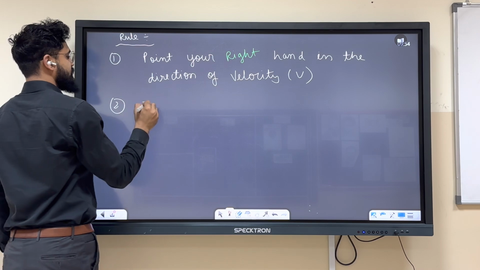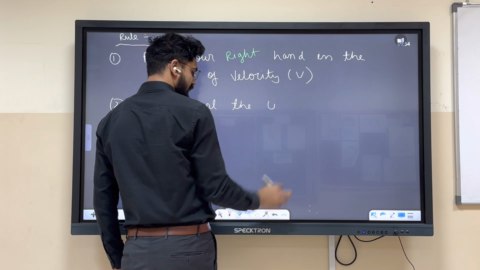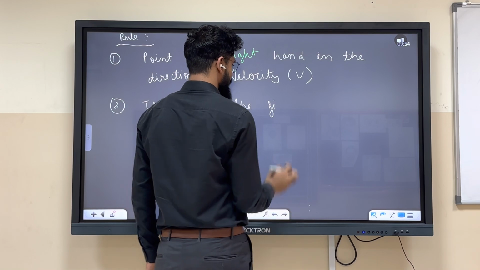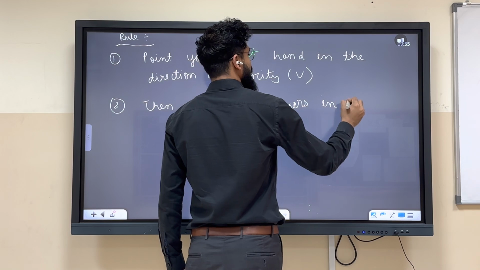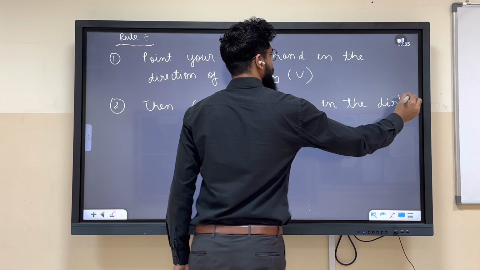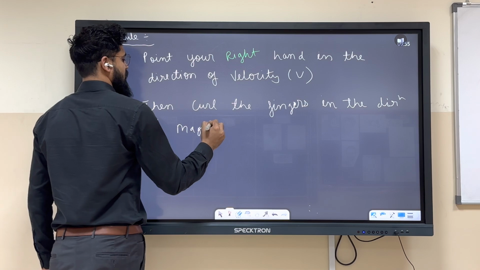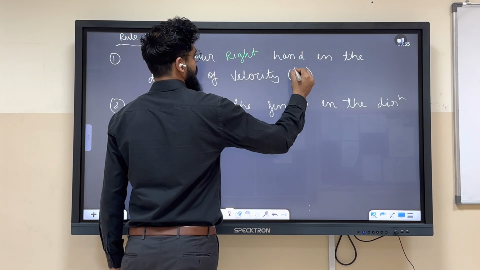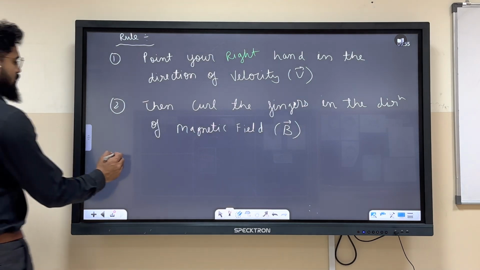And then curl the fingers in the direction of magnetic field. Okay, it will work. So this is the right hand thumb rule.